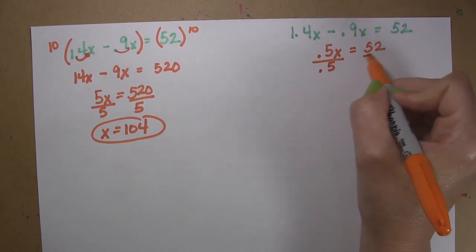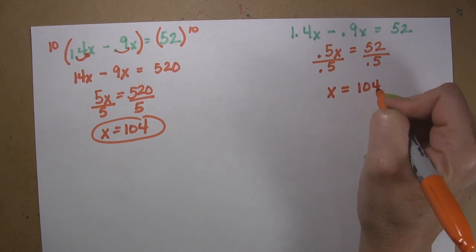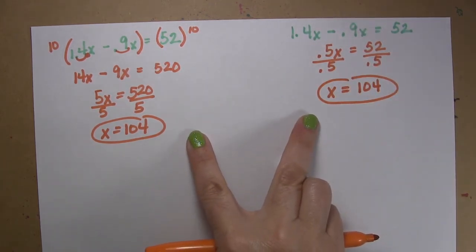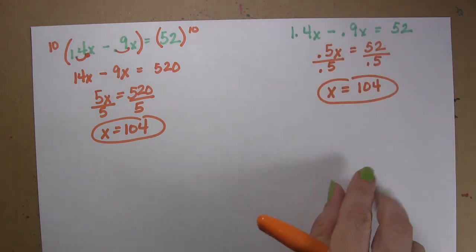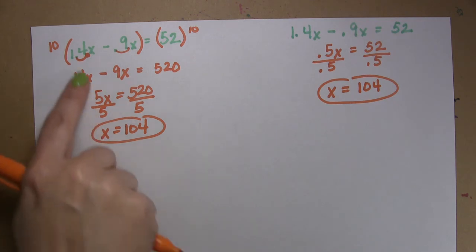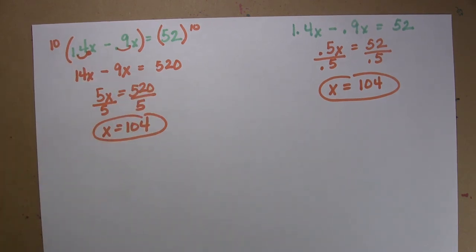We divide by 0.5, and so then that gives us x equals 104. Notice that you get the same answer regardless of what you do. It's simply preference. Do you not care if there's any decimal points? They don't intimidate you? You're fine with that? Or do you want them to go bye-bye? In which case you need to multiply both sides of your equations so that you can move your decimal point.